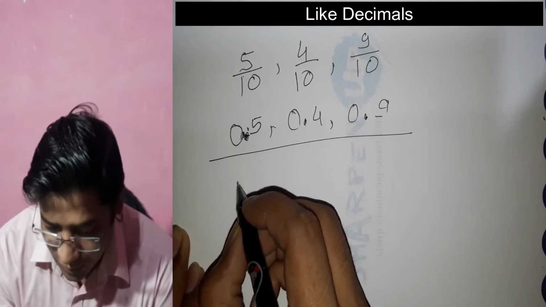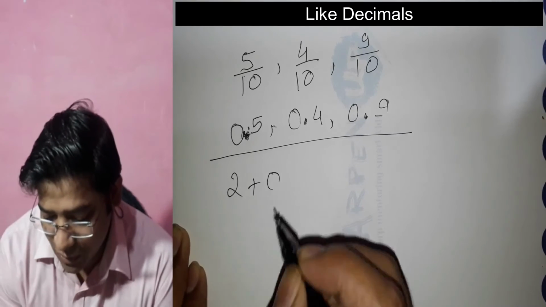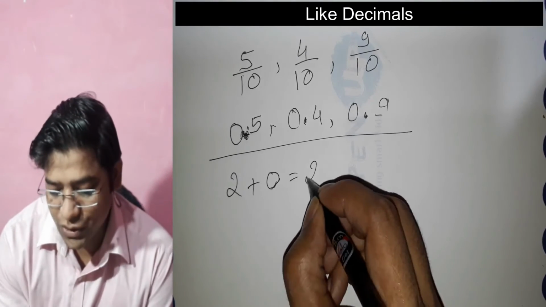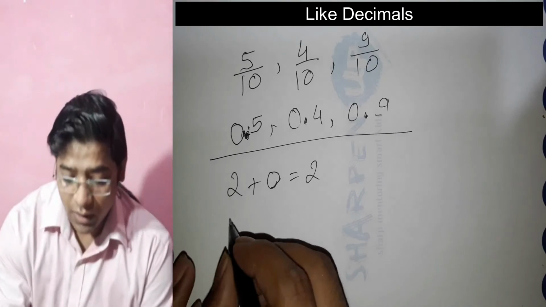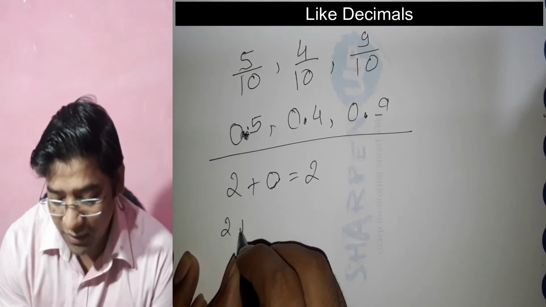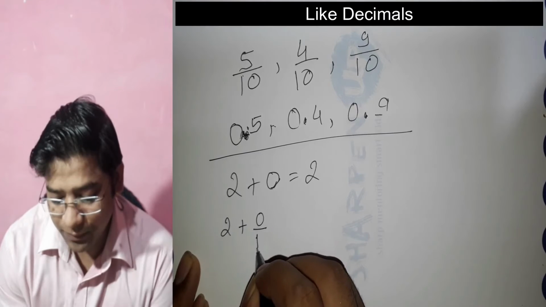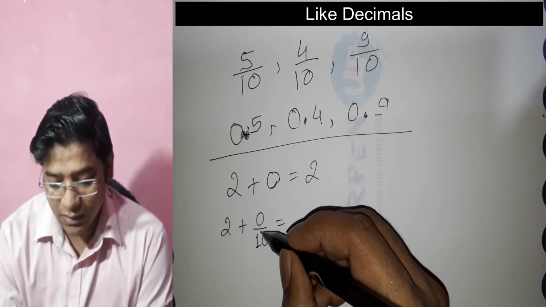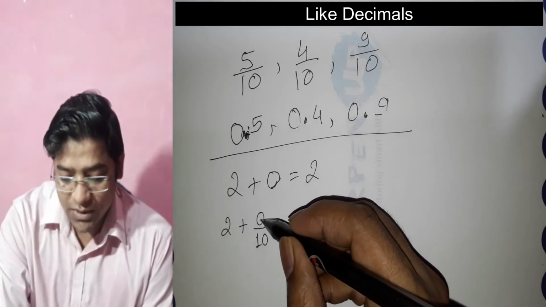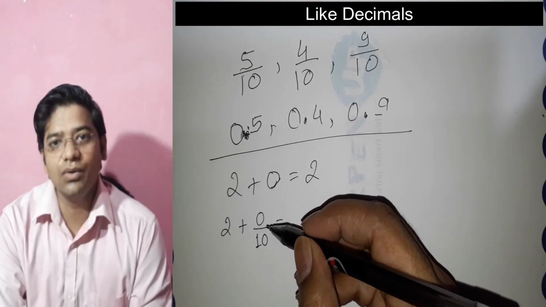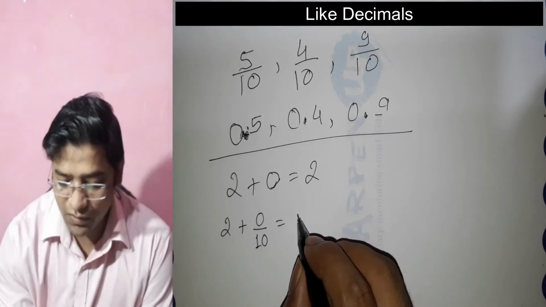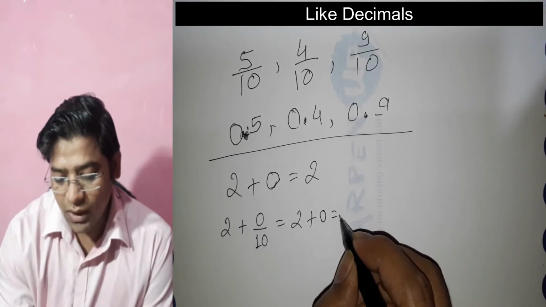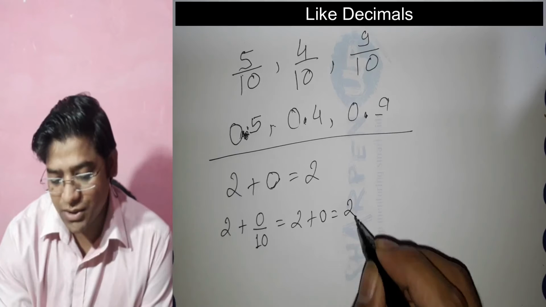Okay, let's learn one more thing about it. Suppose you have 2 plus 0. What is the value of 2 plus 0? It's 2, very easy. Okay, tell me, if I have 2 plus 0 upon 10, we know that if 0 is divided by any number, the value we get is again 0. So 2 plus 0 upon 10 is again 2 plus 0, which is 2.